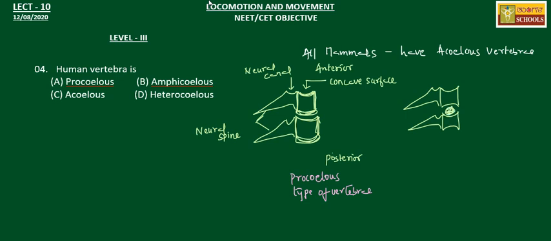So here this is as usual the neural canal, and this is the anterior side, and this is the posterior. You can see the concave surface on both sides, so then it is called amphicoelous.